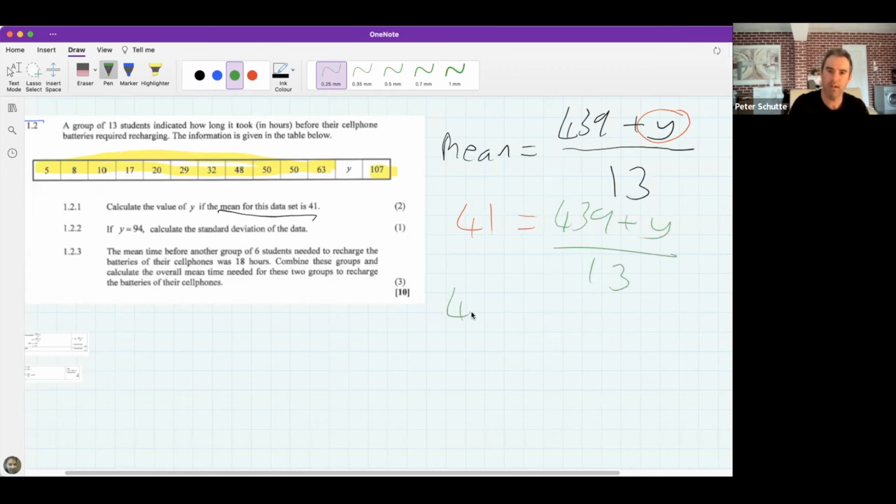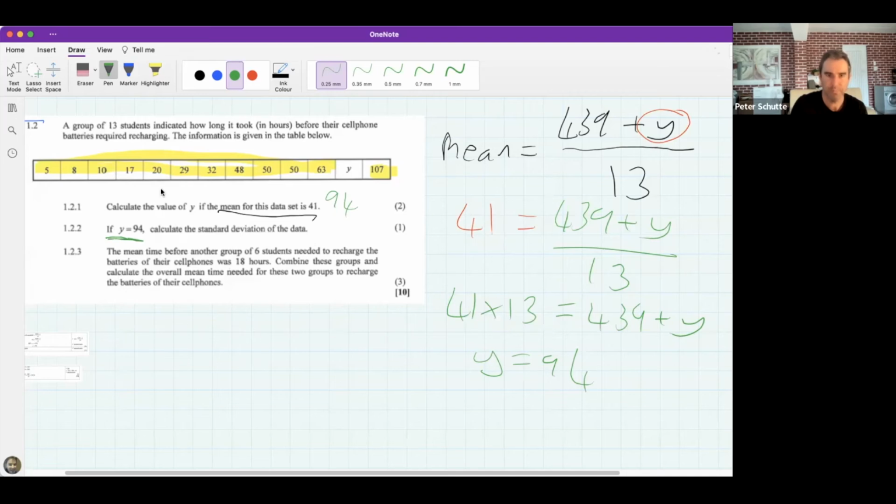So we get 41 times 13 is 439 plus y. And then we would just subtract. So we go 41 times 13 minus 439. And we should get y is 94. Yeah, y is 94 for this. And in the next question, they do say y is 94.